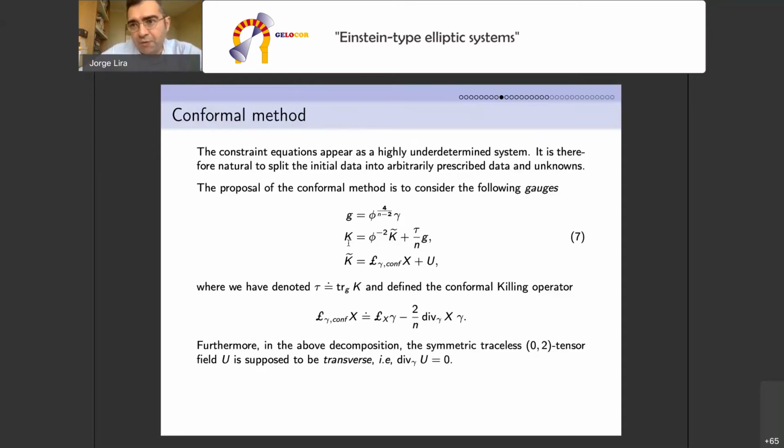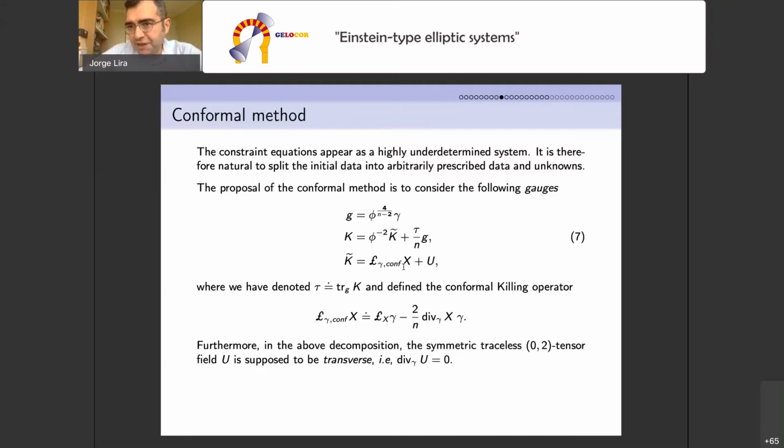Concerning the second fundamental form, you have the trace part, which is the mean curvature, expressed here by tau, following the classical notation. The traceless part of the second fundamental form is given by this K tilde, which is given in terms of two orthogonal factors. One of the factors is free, so you can freely prescribe this component U of the traceless part of the second fundamental form, but there is one term which is given in terms of some PDE.